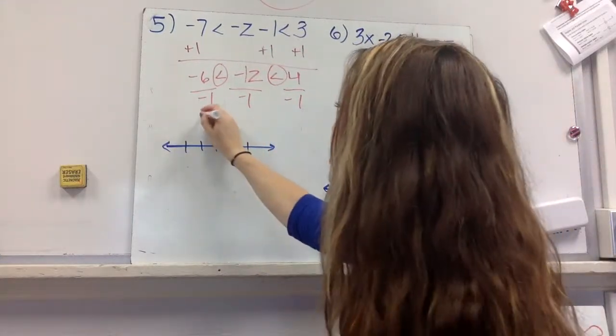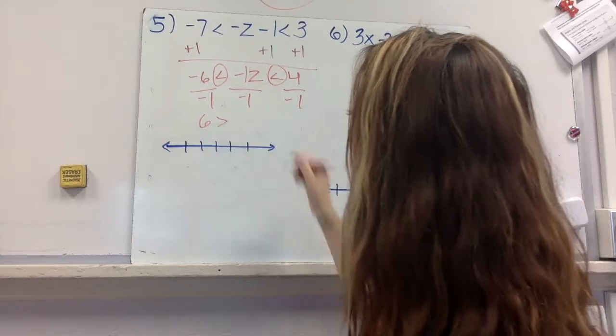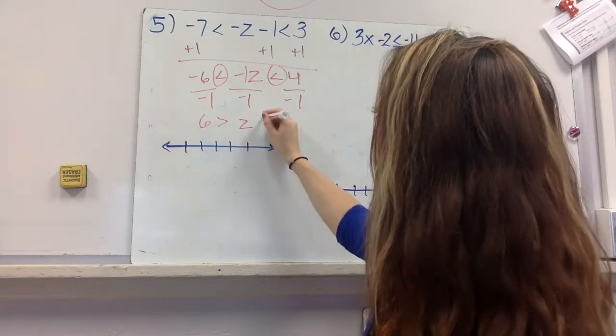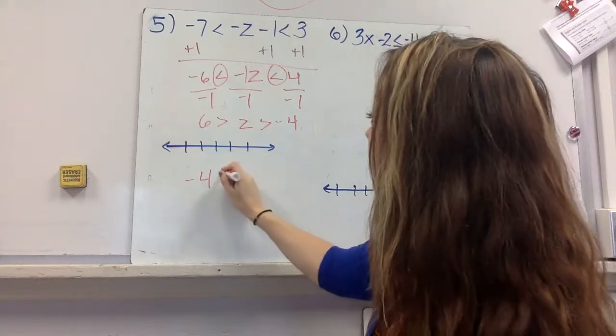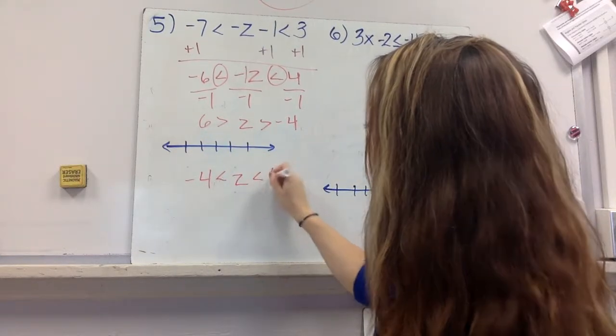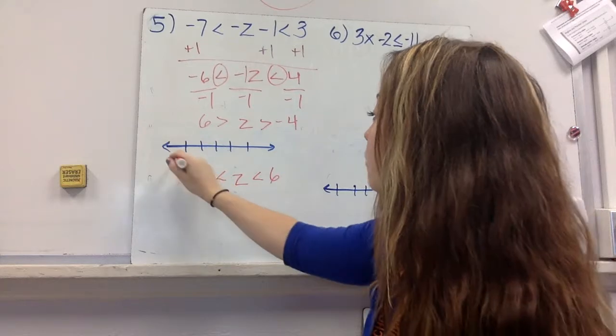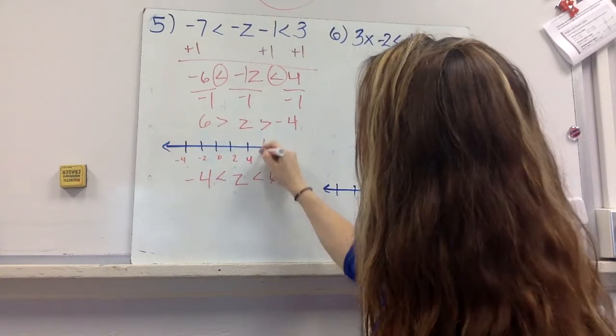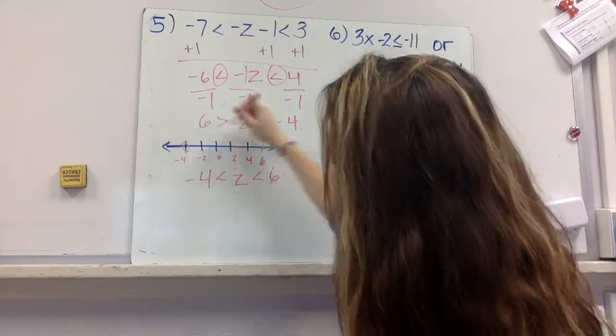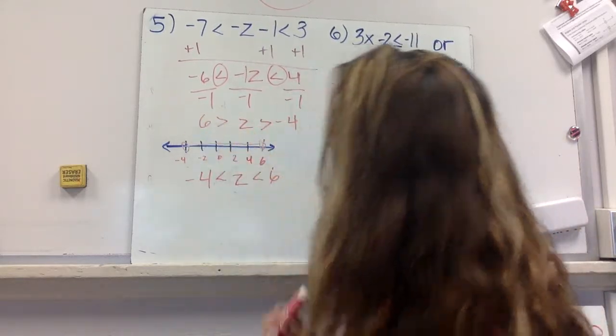Yes, that happens here too. So I have 6 is greater than z is greater than -4, so I'm flipping this so it's still in order. -4 is less than z is less than 6, and I'm going from -4, -2, 0, 2, 4, 6, and I have open circle, and it's in the middle.